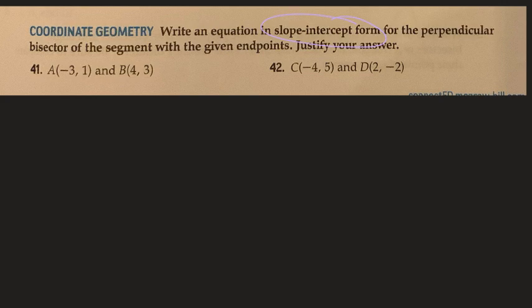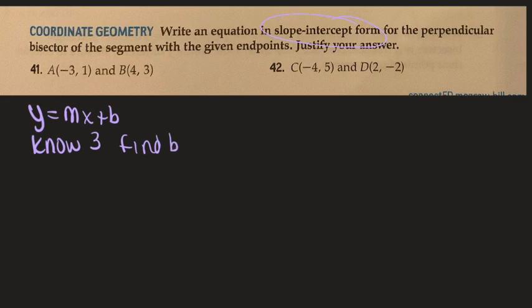What do we need to know? What are we going to do? What comes to mind is y equals mx plus b. Also, what comes to my mind is know 3, find b.